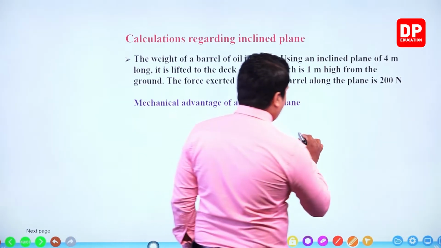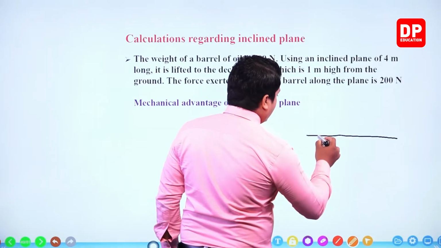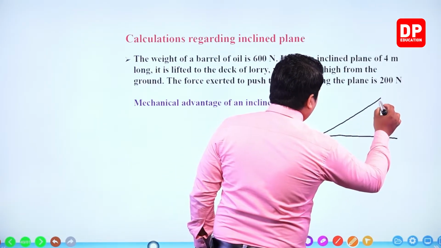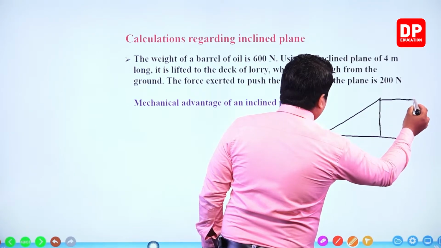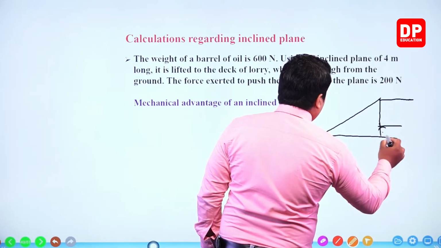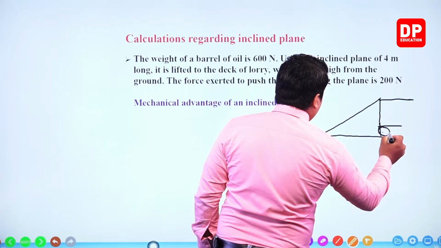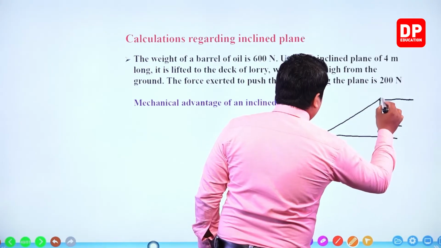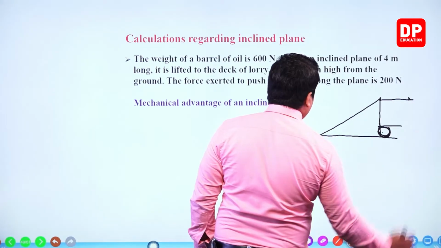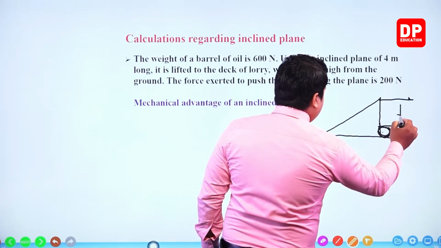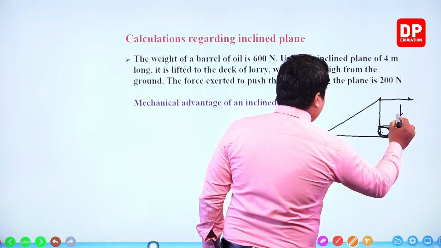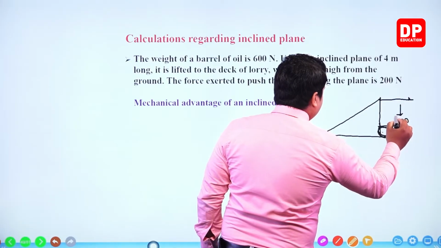So this is the ground level. Then this is the inclined plane. Then this is the deck of the lorry. Let's imagine it like that. So here to here, the height is given as 1 meter, my dear children.